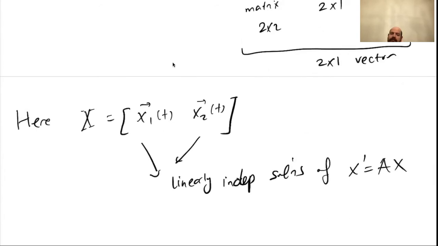We already explained how to find two linearly independent solutions of x prime equals Ax. Remember, we had to find the eigenvalues, eigenvectors, and then depending on whether we have real or complex or repeated eigenvalues, we explained how to find the two solutions. So once you find those two solutions, call them x1 of t, x2 of t, and use them as columns of the matrix capital X.